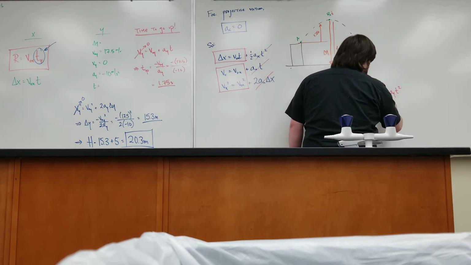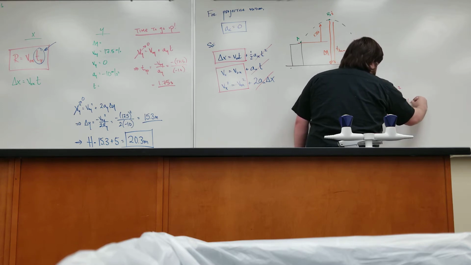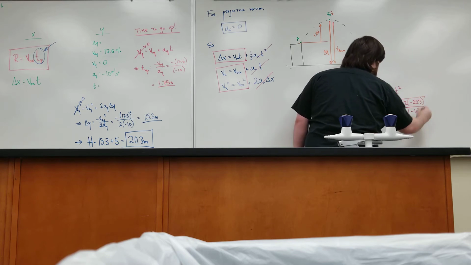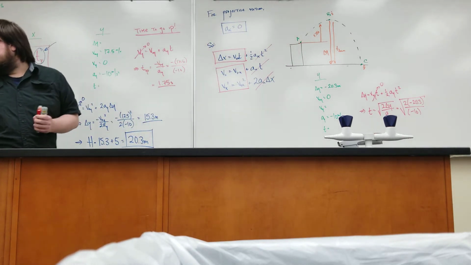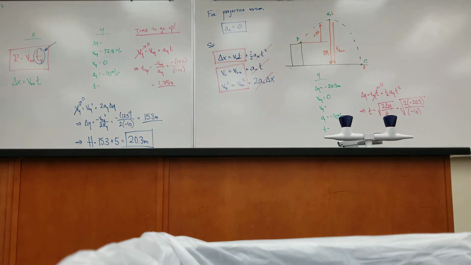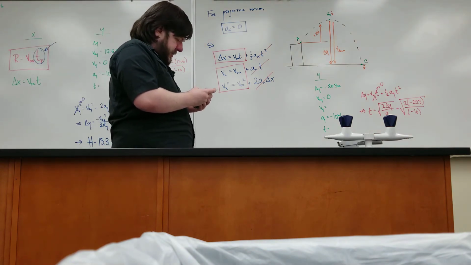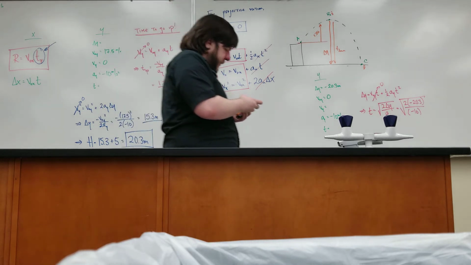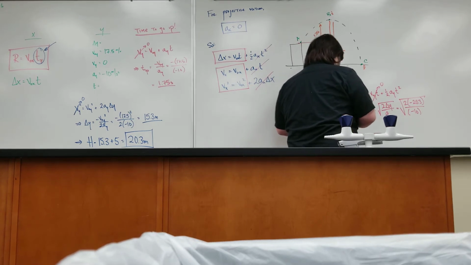So t is the square root of 2 times delta y over the acceleration, negative 20.3, negative 10. Oh, it's so close to 4. So the time is going to be just over 2 seconds. The square root of 4.06 is 2.01 seconds.